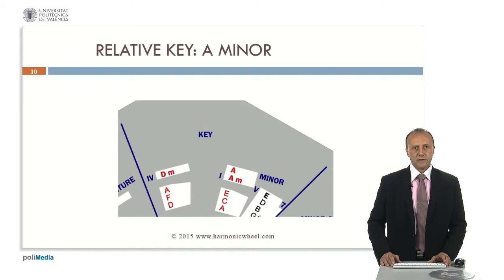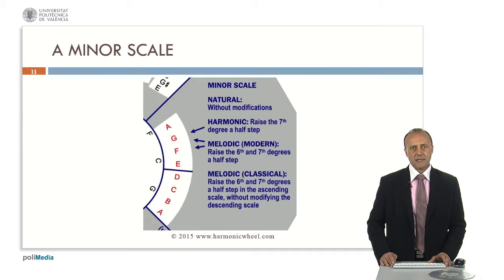If we go to the relative minor, this is A minor, we put it in the upper part of the abacus, and then we find on the right the natural minor scale, A, B, C, D, E, F, G, A. We find also the directions for obtaining the harmonic and melodic minor scales.